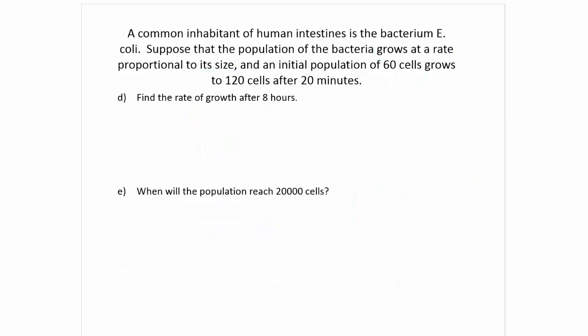Find the rate of growth after 8 hours. All right, so the rate of growth, that's just dp dt evaluated at t equals 8. Now again, remember from our differential equation that dp dt is equal to kp.